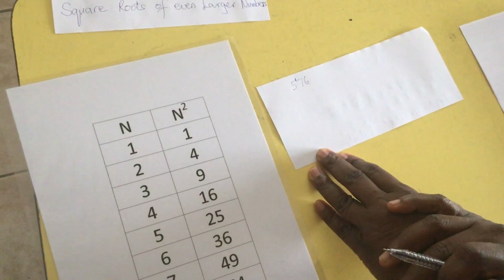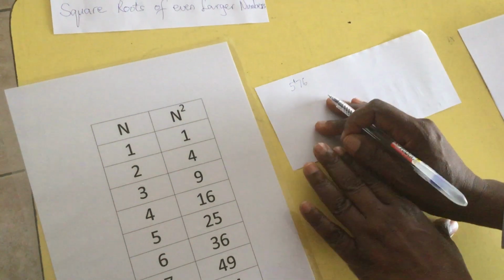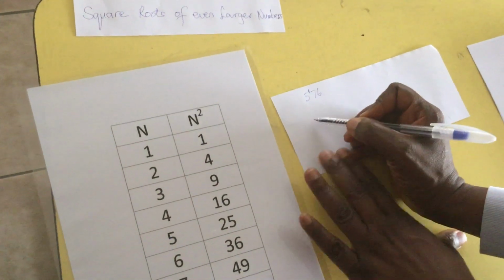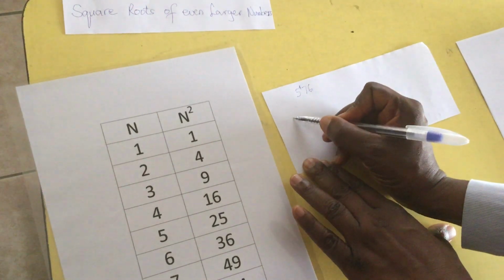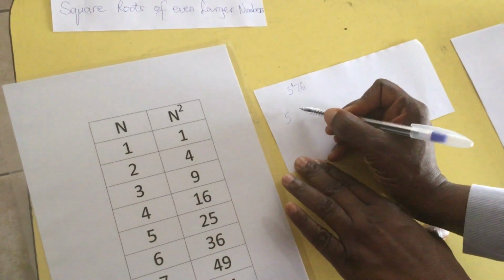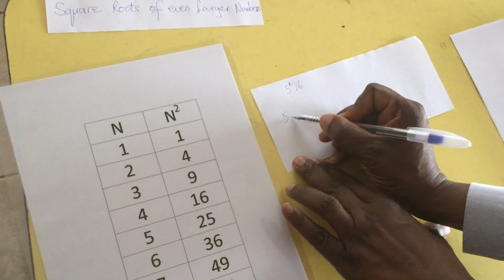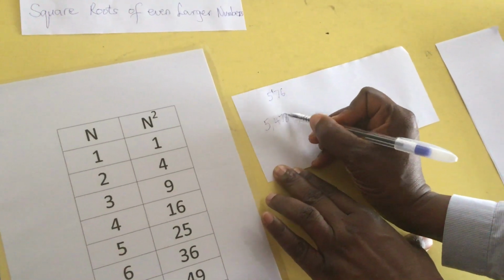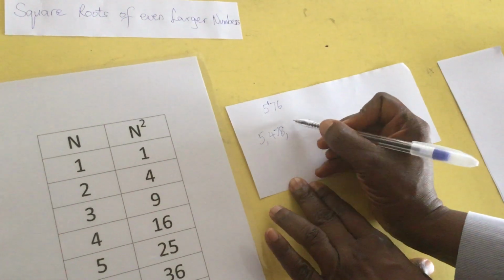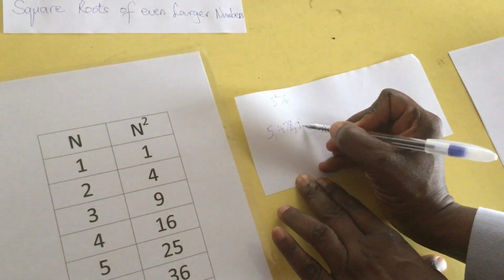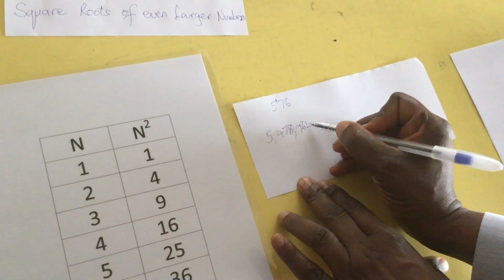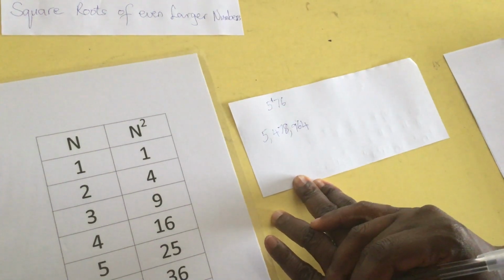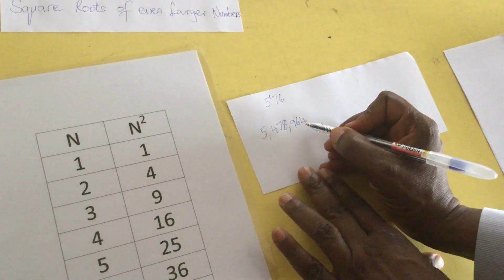Suppose we have a number like this, 5,478,964. We count from the right, as I've said before.